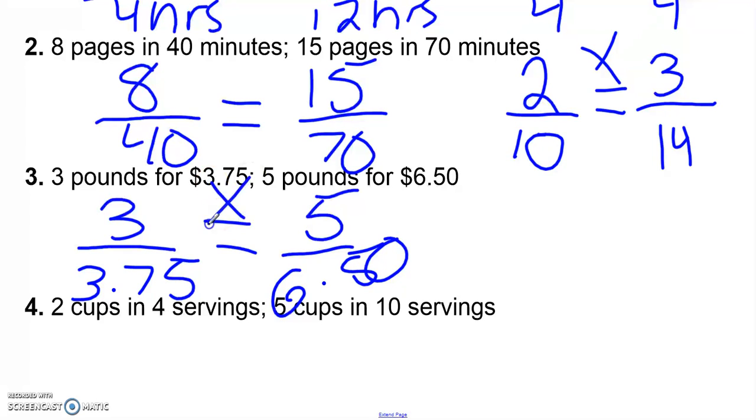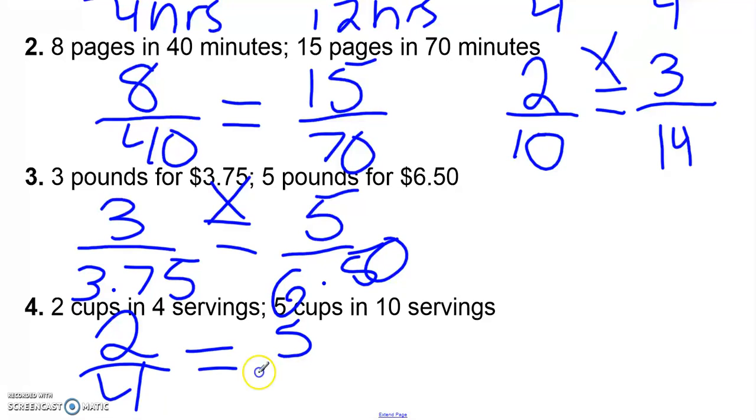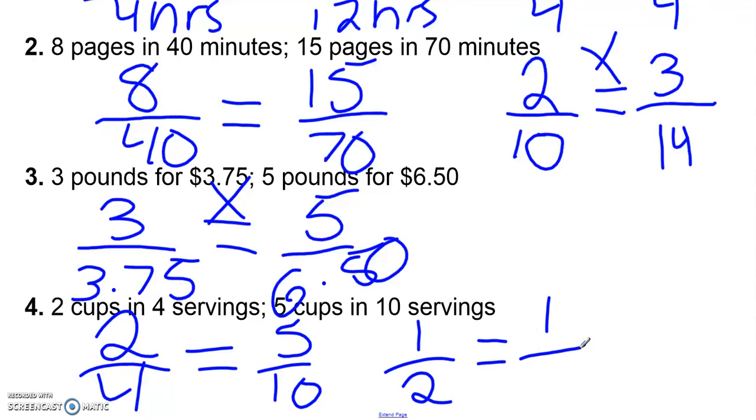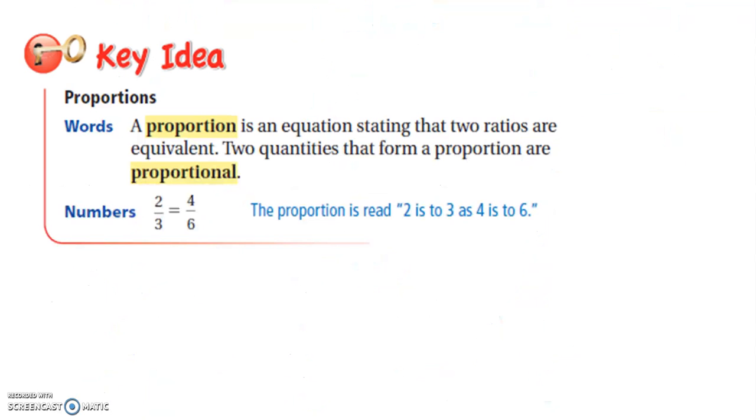And they aren't. Then now we have 2 over 4 equals 5 over 10. 2 goes into 2 once, 2 goes into 4 twice, 5 goes into 5 once, 5 goes into 10 twice. So yes, they are proportional.